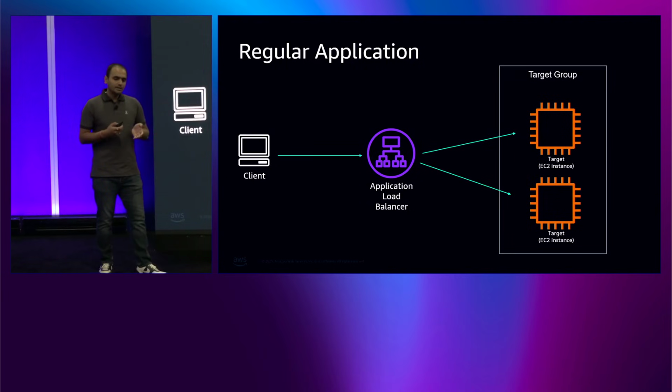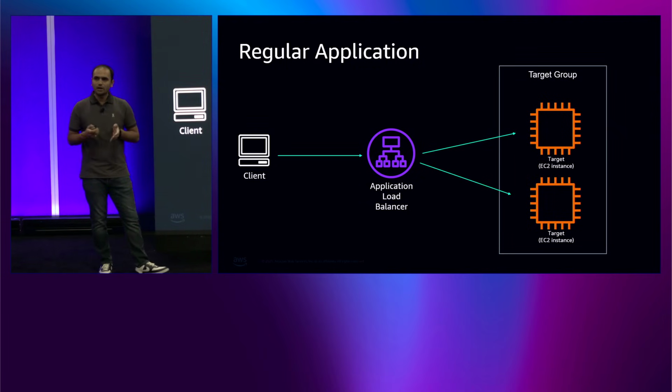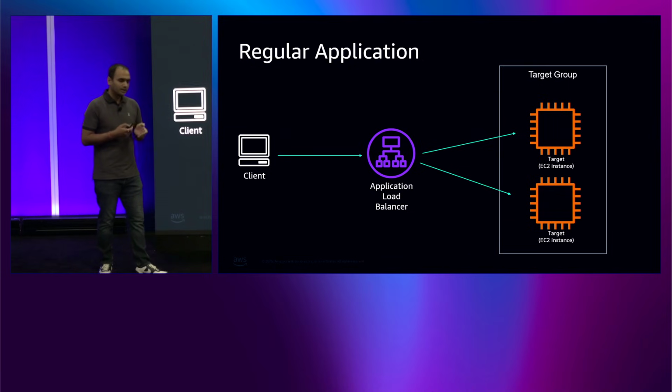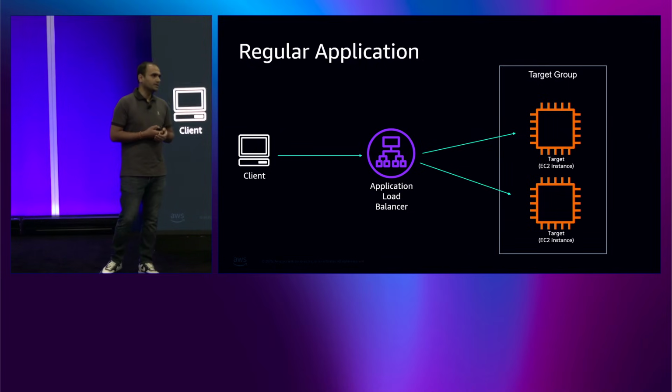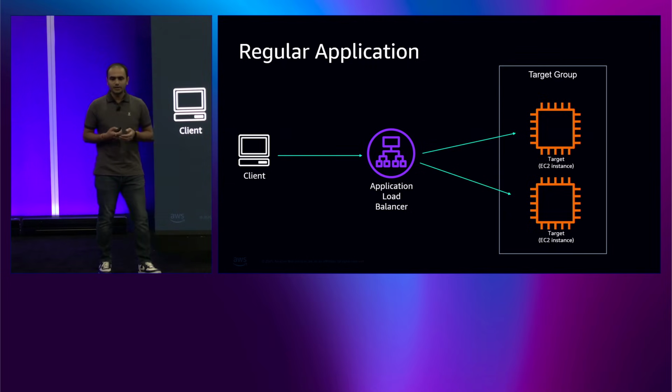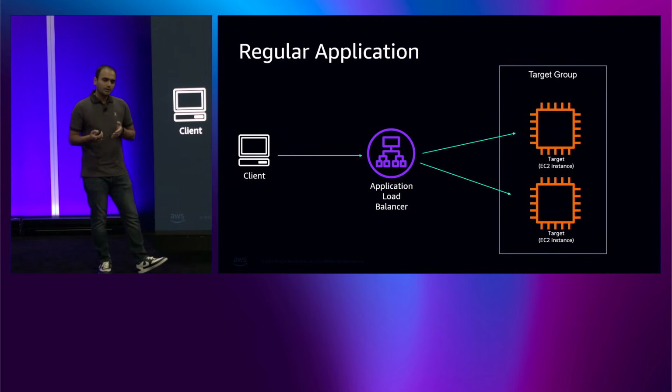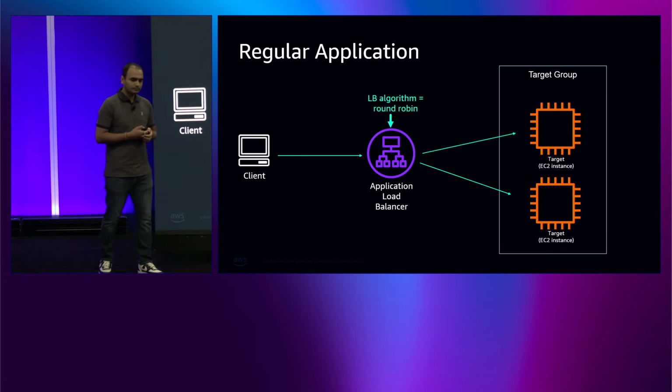A regular application setup looks somewhat like this, where on the right-hand side you have the target group, which contains targets. These targets can be EC2 instances inside a VPC running your application, or compute that is on premises. These can also be containers. In front of the target group, you have the load balancer, which receives requests from a client.